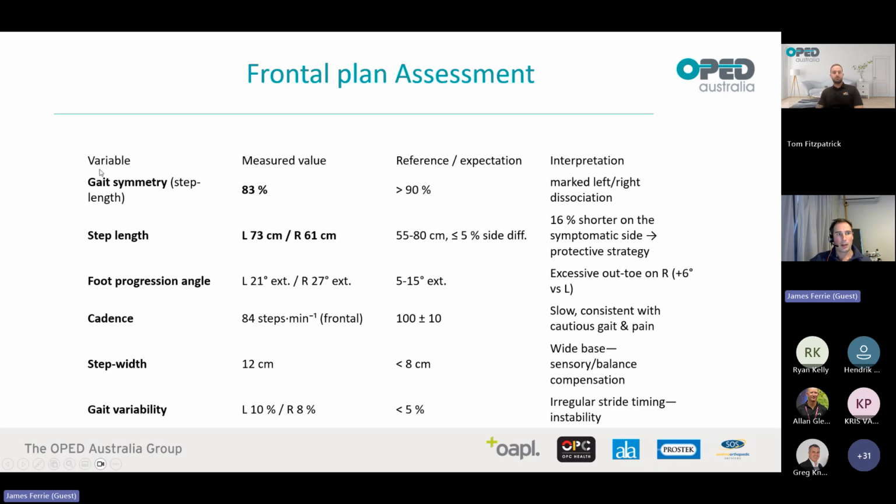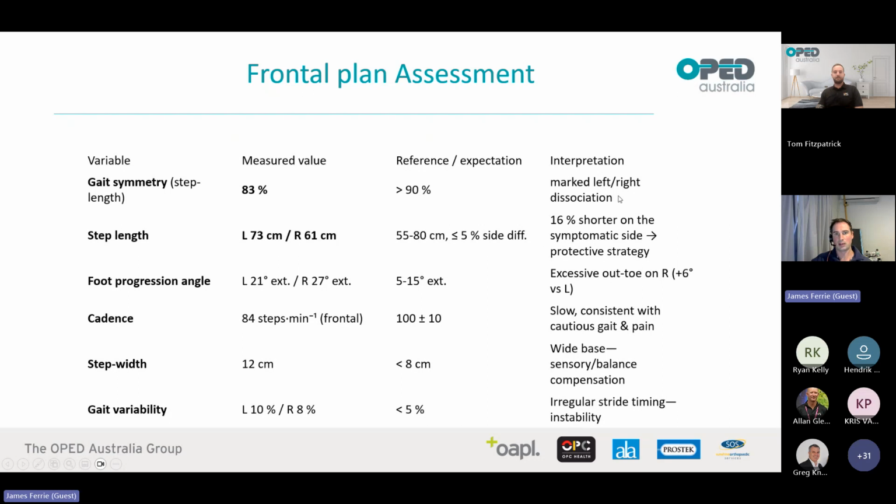So if we have a look here, our frontal plane assessment, our gait symmetry is way off. We got a really low gait symmetry again, 83. So there's marked disassociation of that left and right. The step lengths are also considerably different as well. On his left side, we're seeing a significantly reduced, shorter step on that symptomatic side.